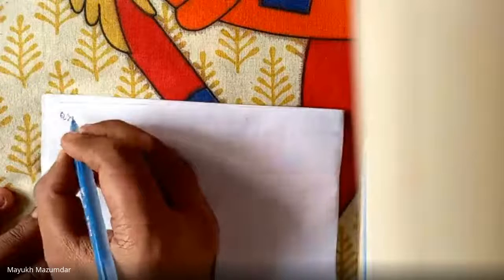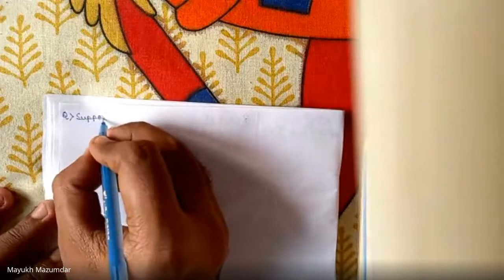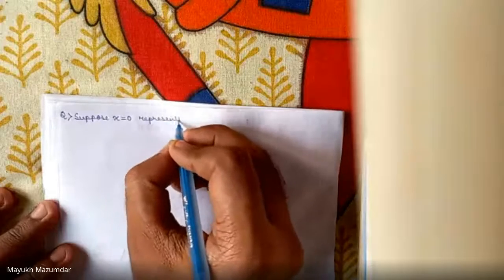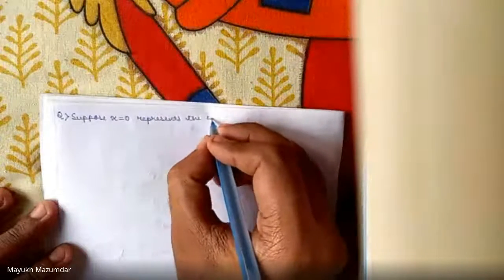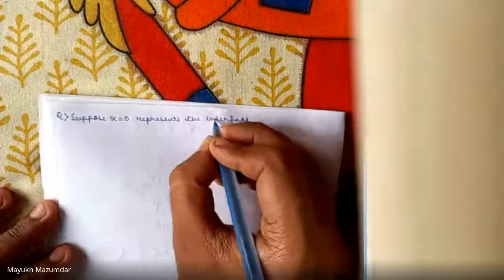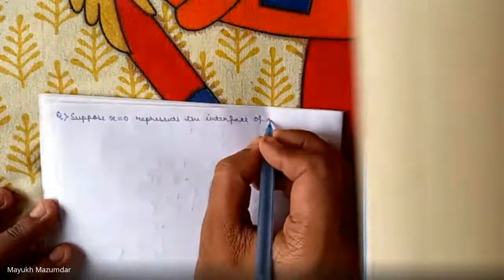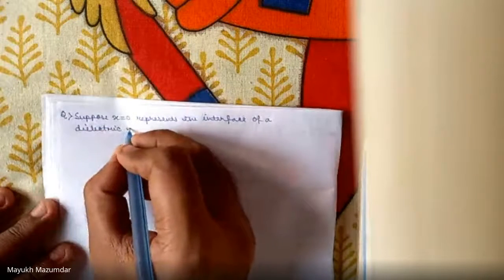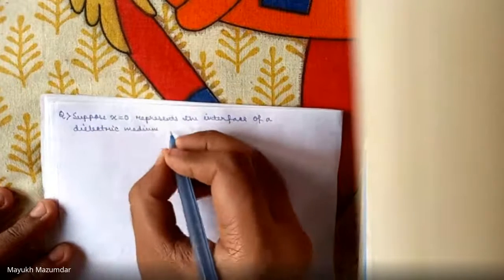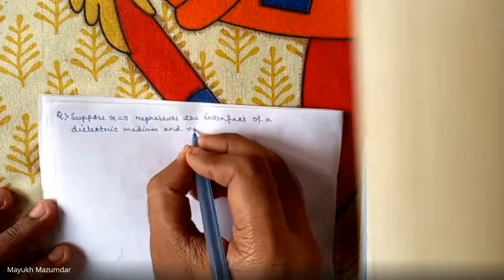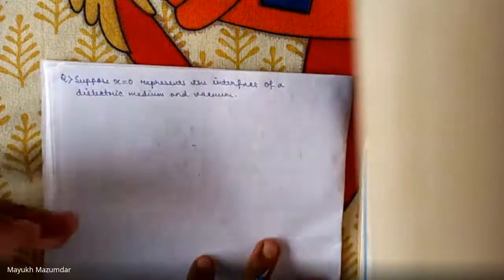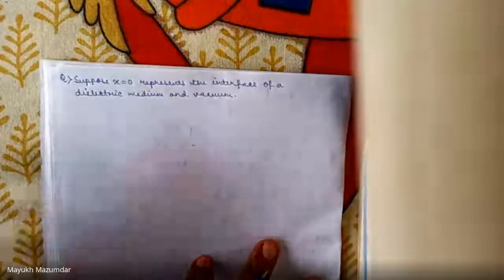So the question goes like this. Suppose x equal to 0 represents the interface of a dielectric medium and vacuum. Suppose below I have dielectric medium, above is vacuum, or the other way around.